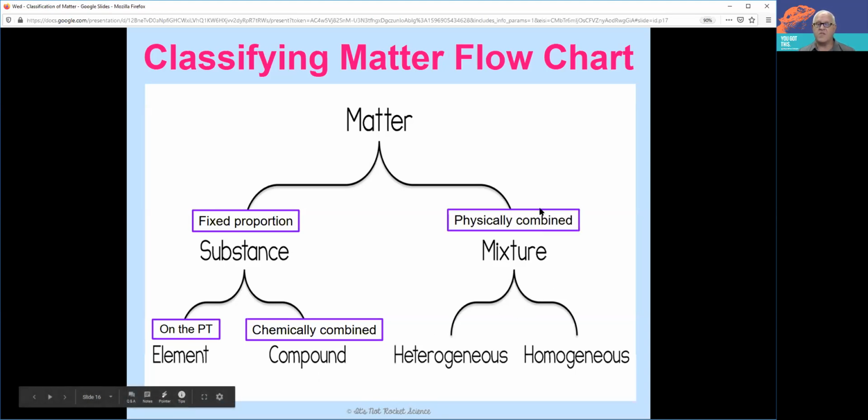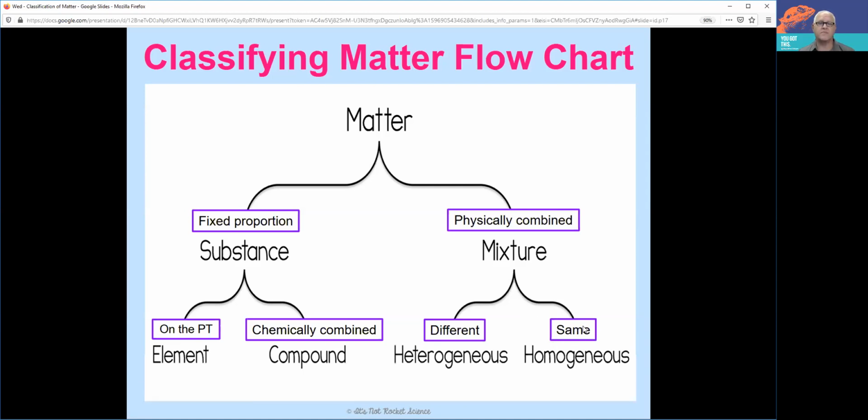A mixture is physically combined. Hey, chocolate milk is physically combined. And that mixture can either be heterogeneous, where it's different, you can see how it separates, or homogeneous, where the mixture is smooth and it's the same and it all looks the same.